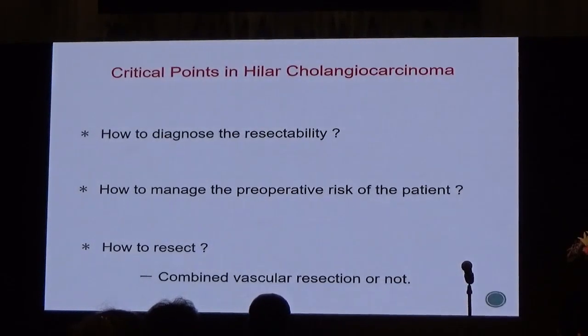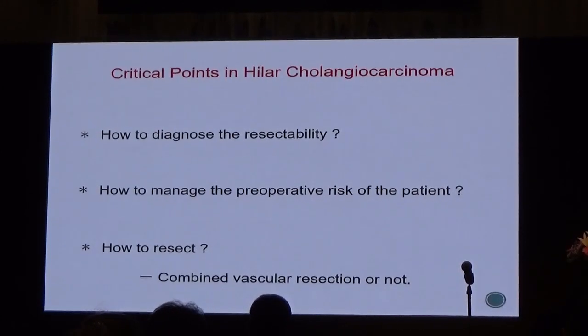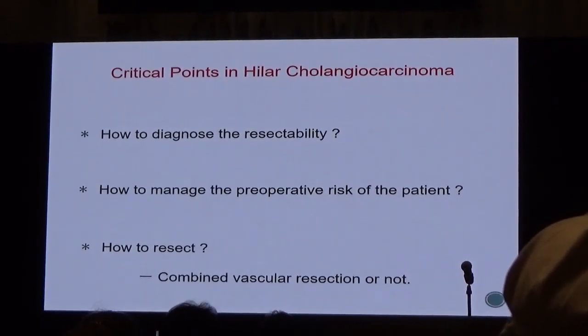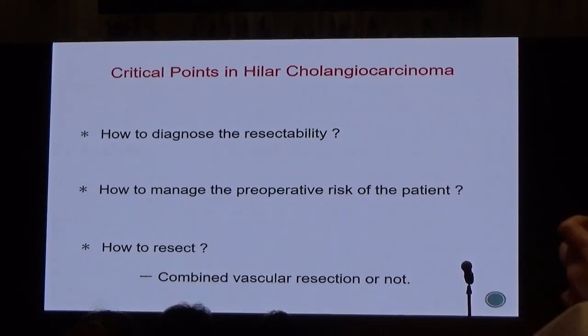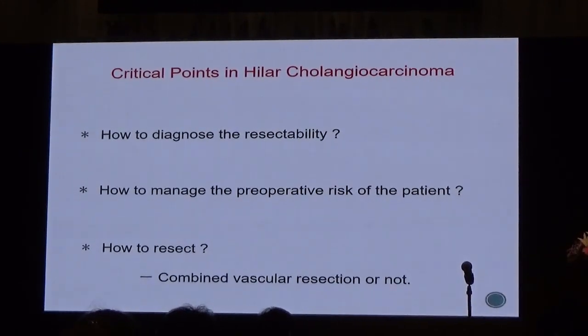Now I will summarize my talk here. How to diagnose resectability. We should be very careful to diagnose a local extension tumor. And anatomical location is very important. And how to manage the perioperative risk of the patient. We should be very careful not to overlook segmental cholangitis.